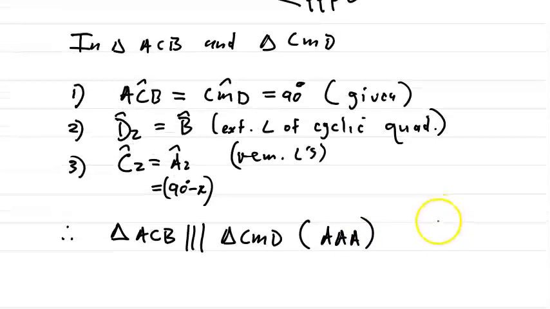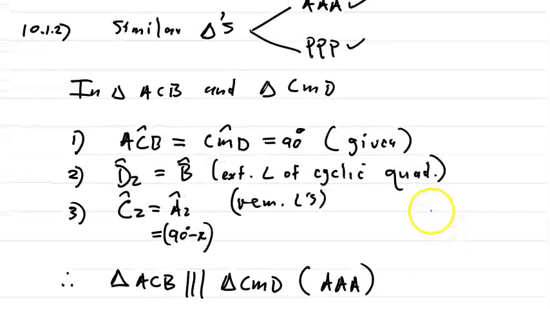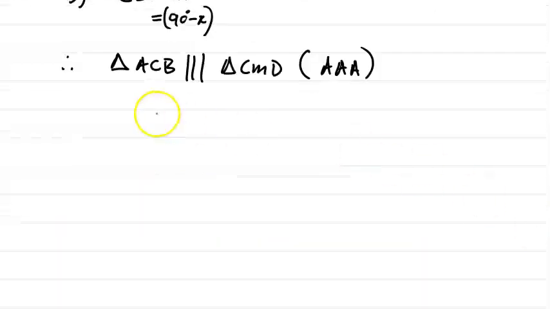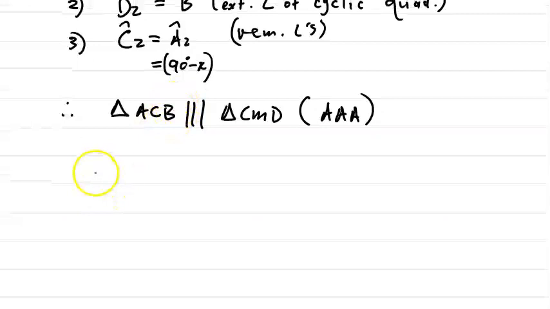And that's our answer to question 10.1.2. Interesting thing for you to note: if two triangles are similar, their sides are in proportion. So this is what you can now write for any remaining questions that will come after this.